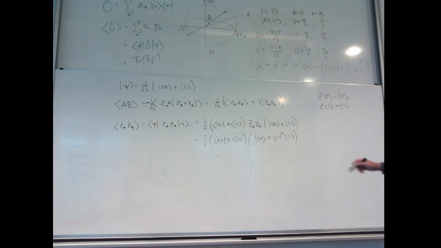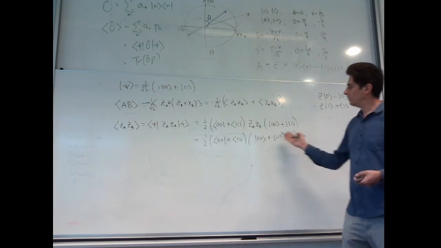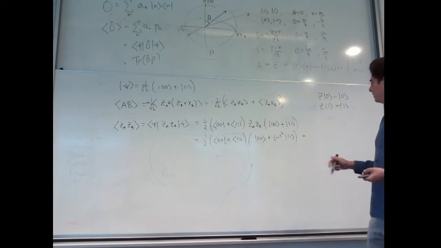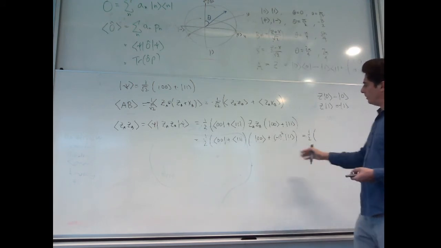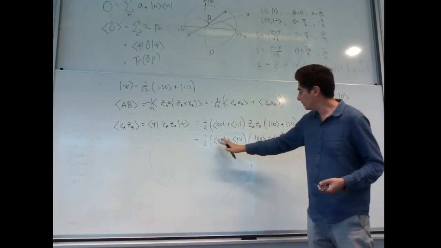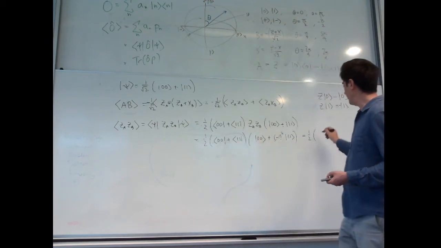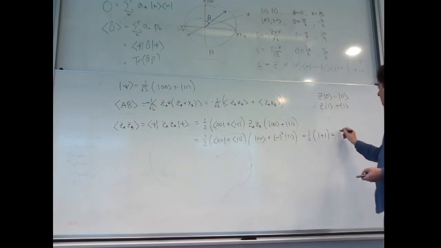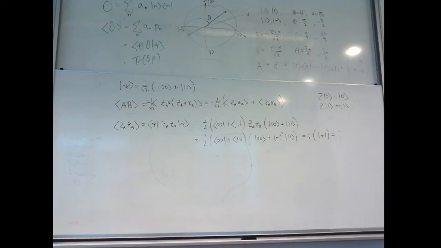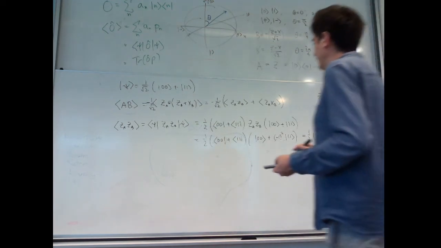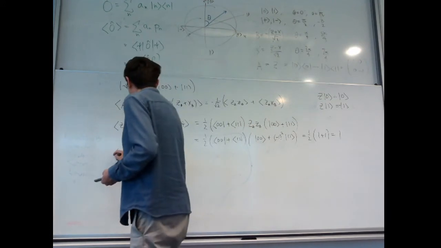Now we can take the inner products between these two states. Only the same states will give non-zero results, so that one and that one gives 1, and that one and that one gives 1. So this is 1.